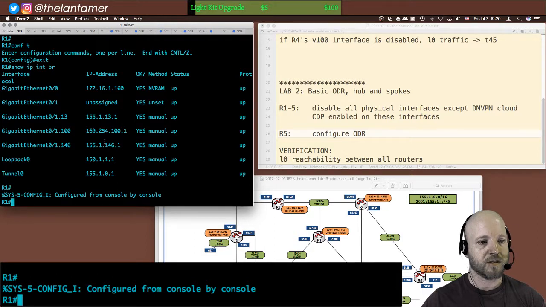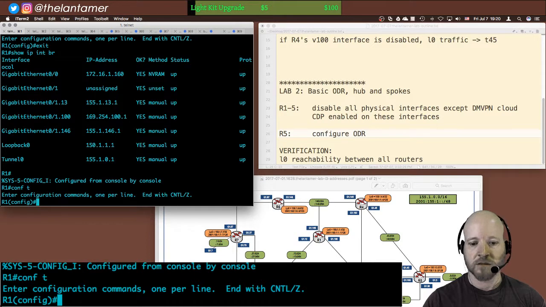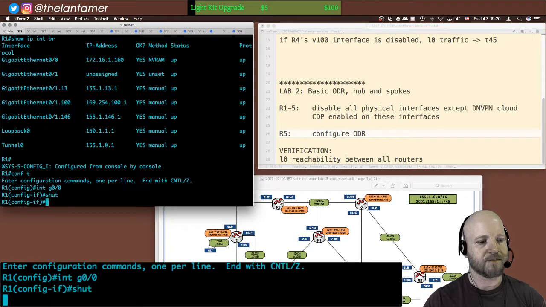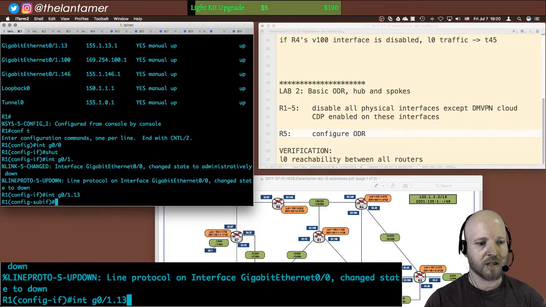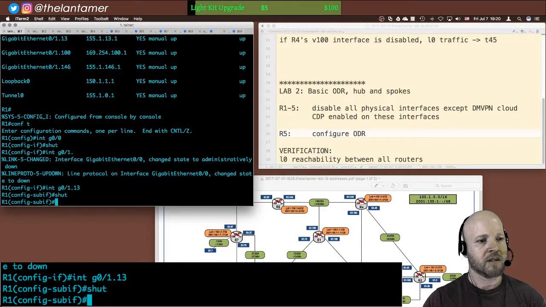We're just going to do these, all physical interfaces. Well, it's a physical interface, so we'll shut it down. Interface G0/0, shut. Interface G0/1 through 113, shut. Interface G0/1, 146.